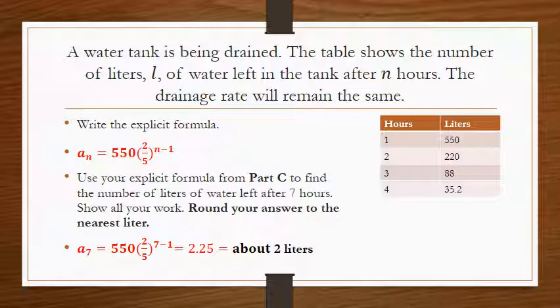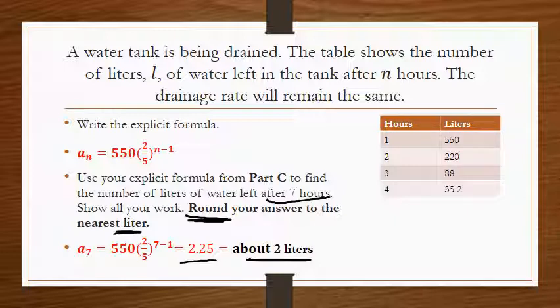All right, and next, you're going to use the explicit formula to solve for after 7 hours. So let's say 7 hours, plug that in for n, and in this case we get 2.25, so that rounds to about 2 liters, so you're going to round your answer to the nearest liter.